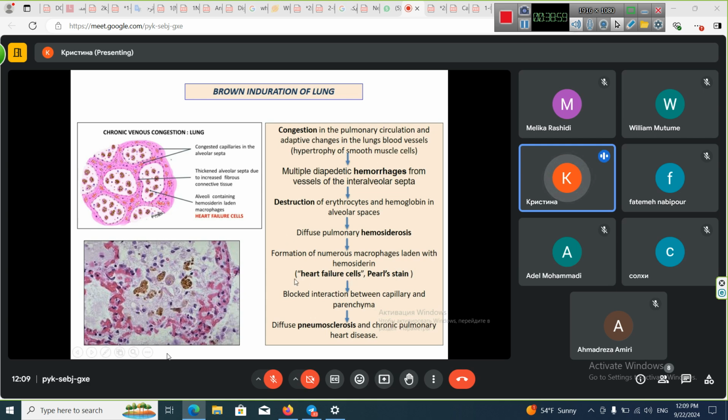Heart failure cells are those macrophages filled with hemosiderin, the result of breaking down of hemoglobin. Pearl's stain is the type of staining which helps us to see iron element, iron molecules in the structure of hemosiderin.